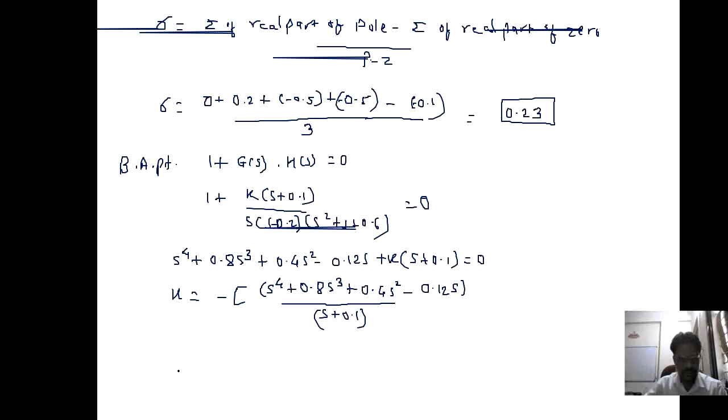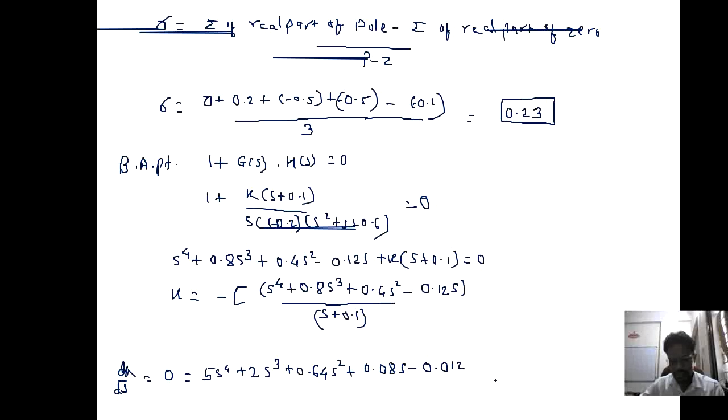So dK by ds equals 0. After differentiation and equating with 0, we get 5s raised to 4 plus 2s cube plus 0.64 s square plus 0.08 s minus 0.012 equal to 0.